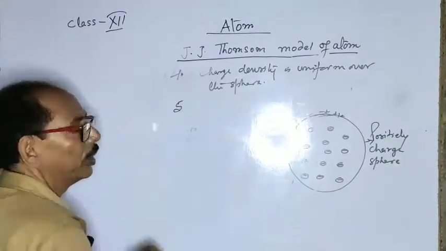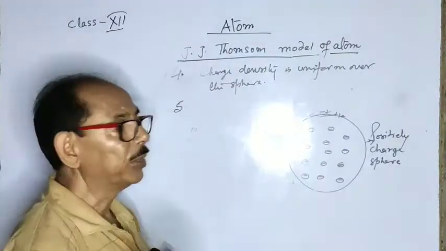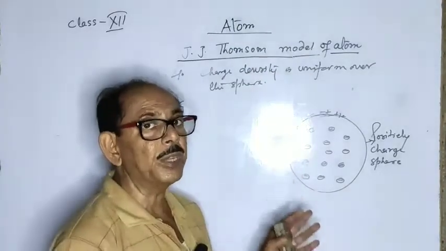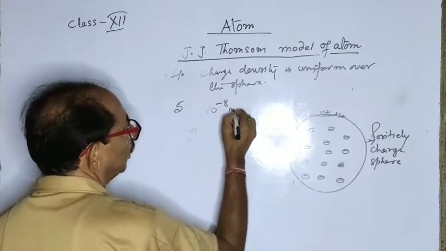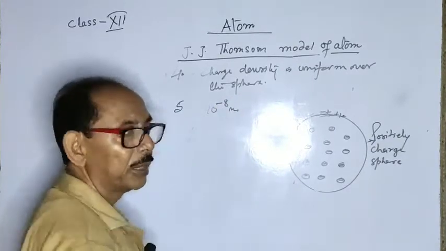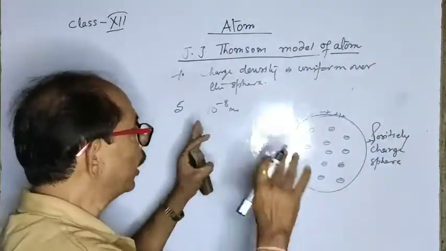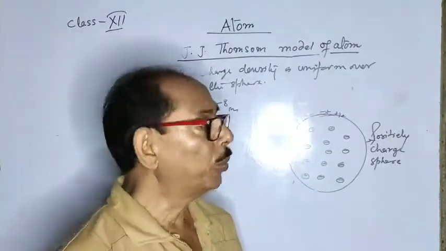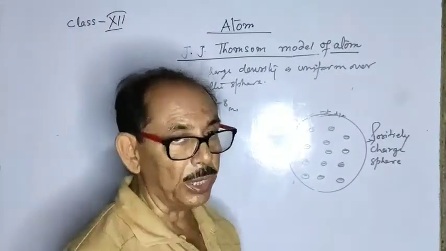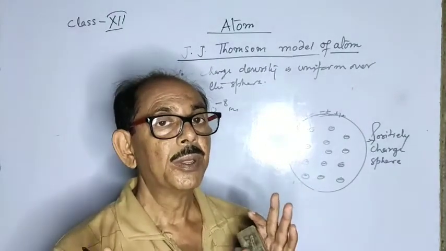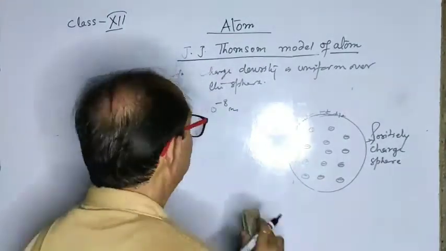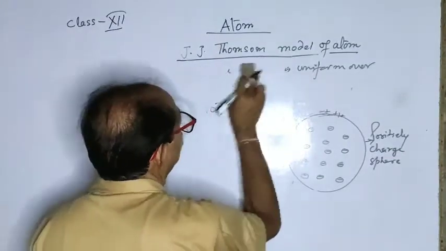Fifth, the size of the atom, that is the diameter of the atom he measured, 10 to the power -8 मीटर. जो इन्होंने डायमीटर मापा था वो था 10 to the power -8. These are some basic features of the J.J. Thomson model.